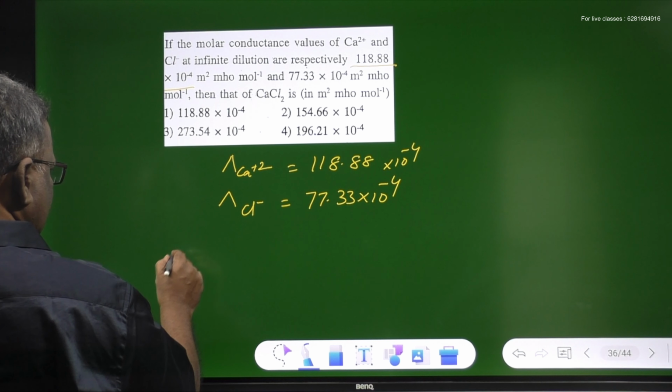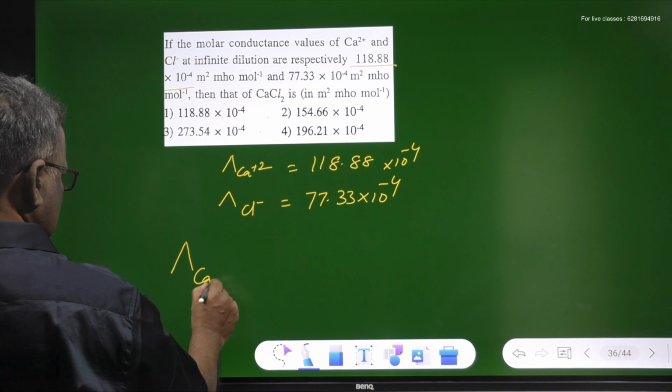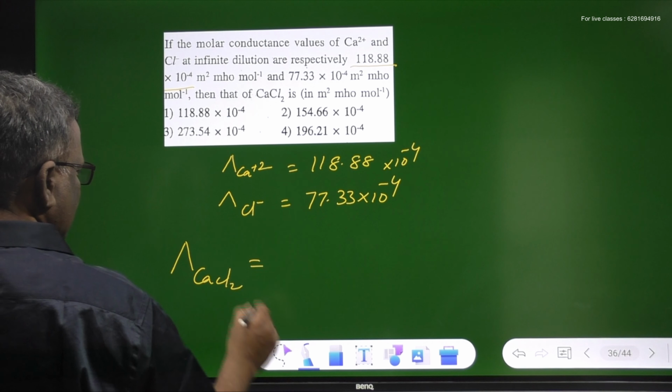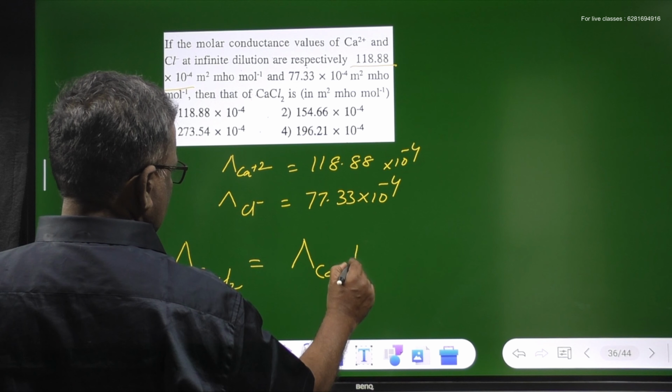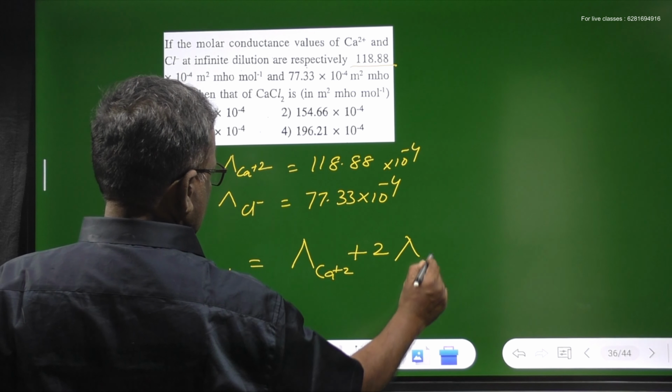Now molar conductivity of CaCl2 according to Kohlrausch law is Ca2+ plus 2 into Cl-.